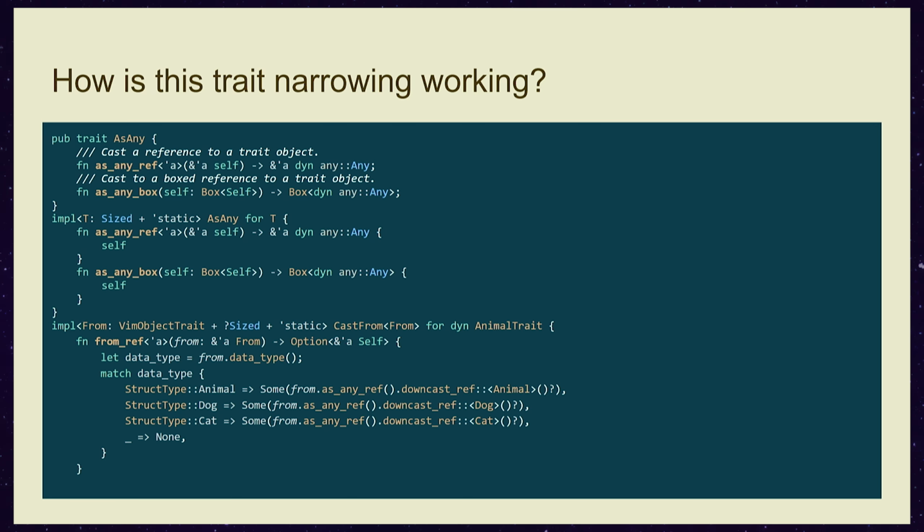Okay, so this is how the trait casting works. I thought this might be interesting, so just showing it. It's a three-step process, I guess. So you first need to get to the any type. And for this, I have like a base trait that I implement for every type I have. So I can convert it to any. That's the standard Rust any.